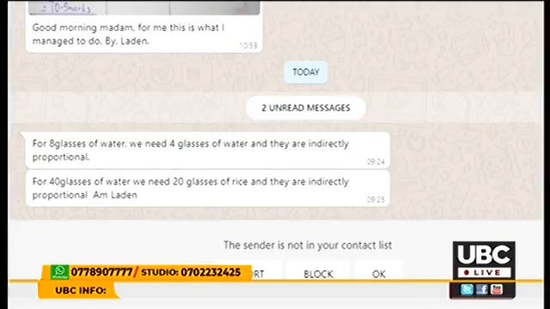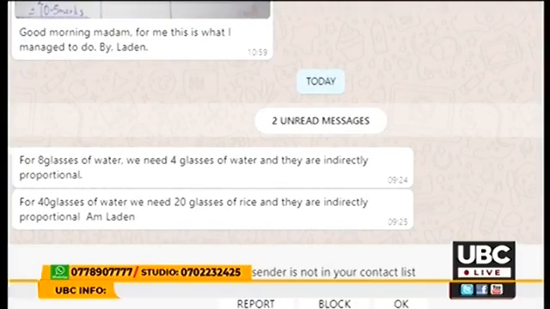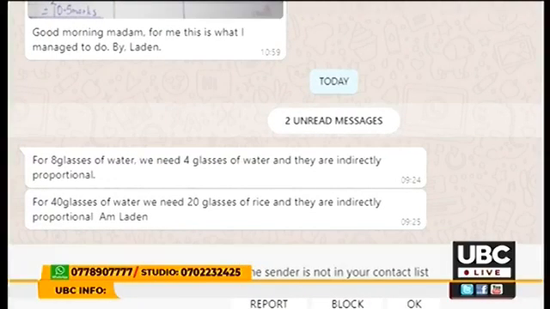There's somebody who says for 8 glasses of water, we need 4 glasses of water. They are indirectly proportional. Then somebody says for 40 glasses of water, we need 20 glasses of rice. They are indirectly proportional. Thank you for your contribution. The first answer, I can see water and water.